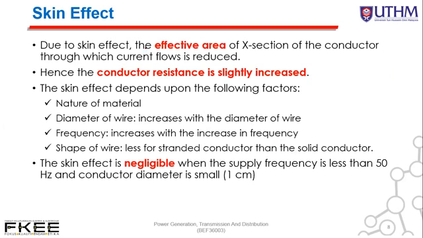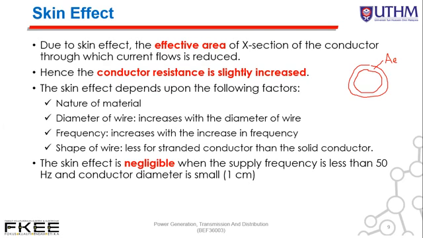Due to skin effect, the effective area of the cross-section of the conductor through which current flows is reduced. Let's say this is the conductor, and most of the current flows at the surface, so the effective area is reduced compared to the DC case.